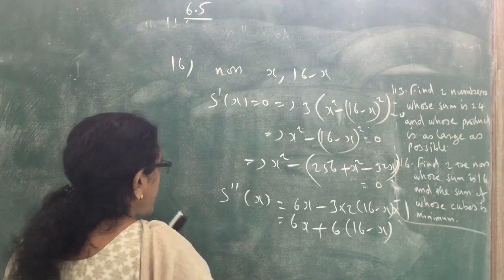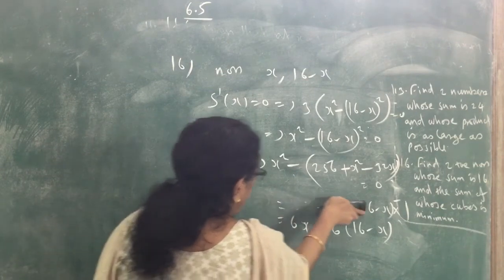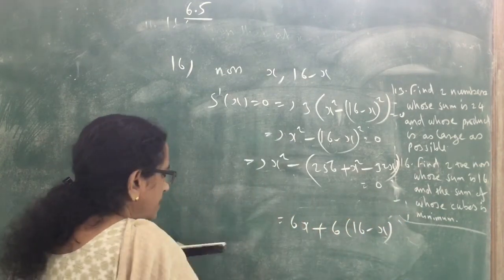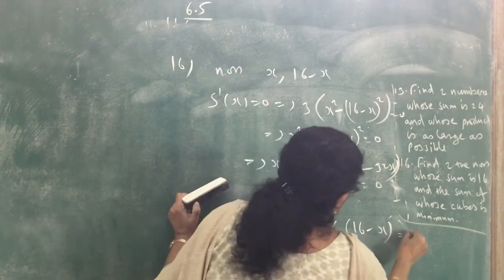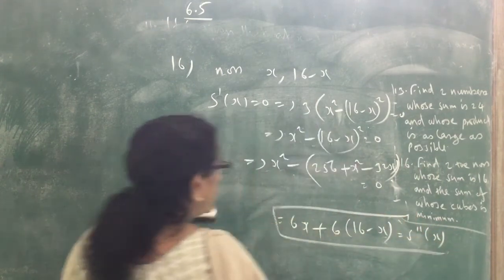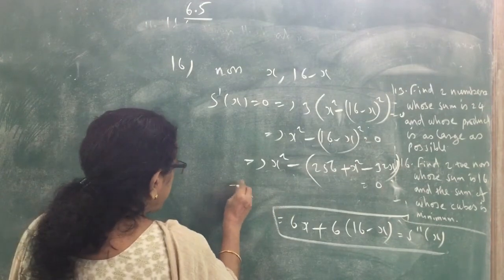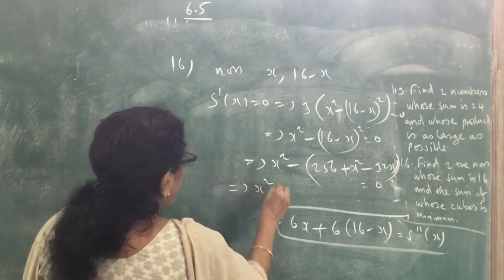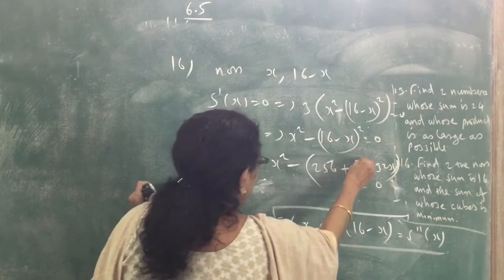So we want to substitute, after getting the value of x, here in the second derivative s double dash x. Now here, x square minus x square will be cancelled.